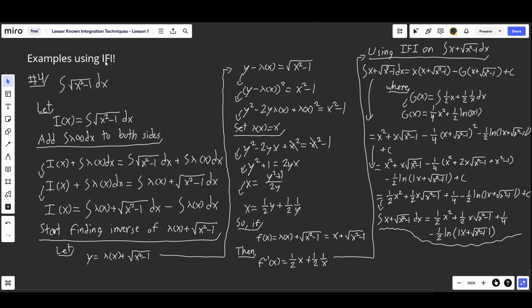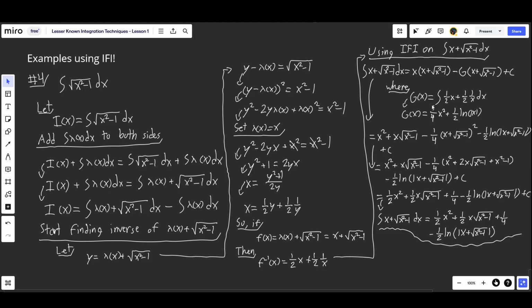Using the indefinite form of inverse function integration on this indefinite integral, where lambda of x is equal to x, we can see that it becomes x times, in parentheses, x plus the square root of x squared minus 1, minus g of x plus the square root of x squared minus 1, plus the constant of integration c. And g of x is just equal to the indefinite integral of 1/2 times x plus 1/2 times 1 over x with respect to x.